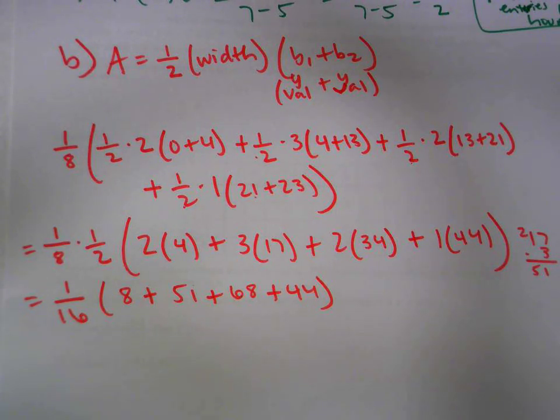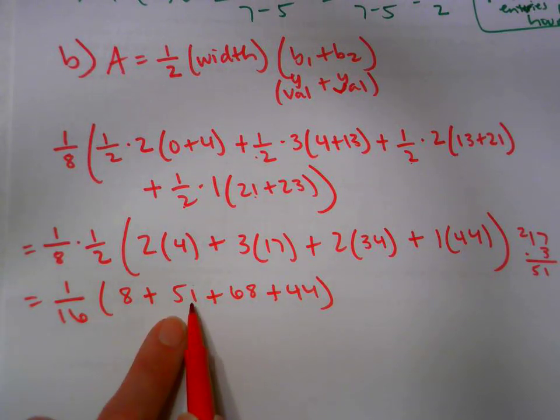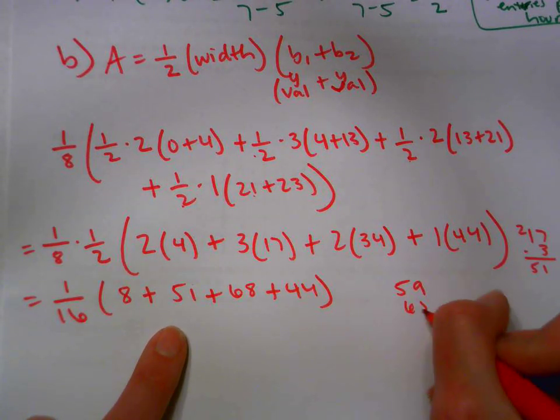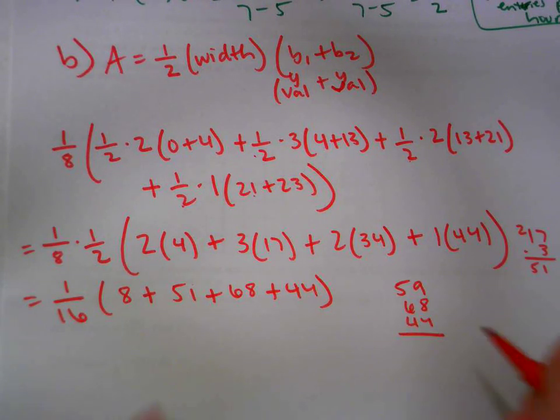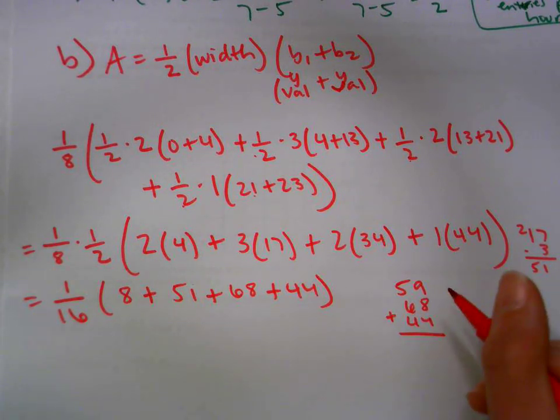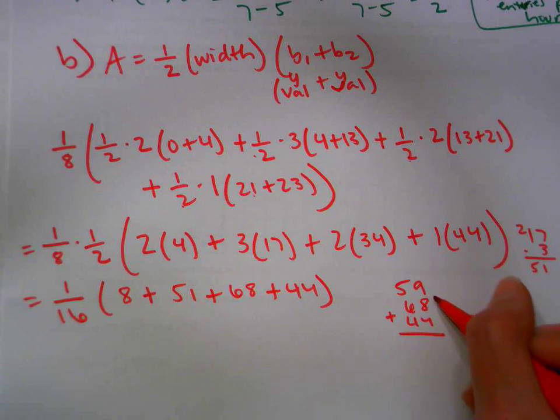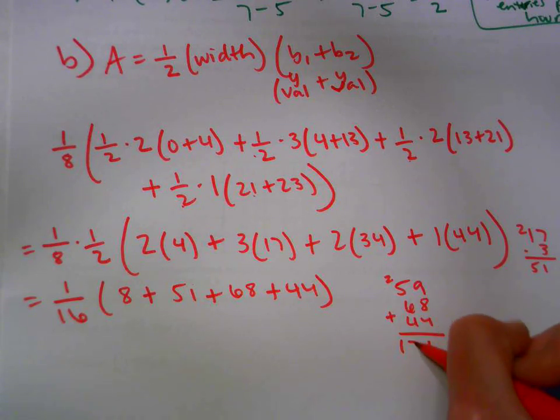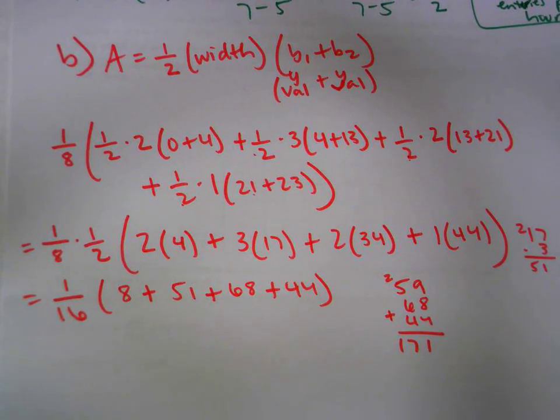Now we can add those up. So 8 plus 51 would be 59, plus 68 plus 44. Gotta go do some old school math, which would be what? 17, 18, 19, 20, 21. This would be 171, I believe.